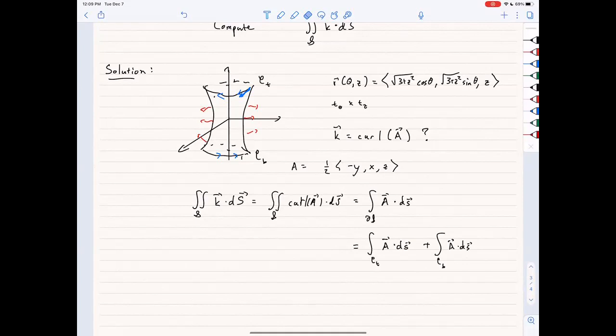The other thing I know is if I go down here and look over the same point, it will be the same tangent vector except pointing the opposite direction. It'll be negative. So I've got an opposite orientation. When I dot that with A, again, I have no z component, so I get the same dot product, except with a negative.